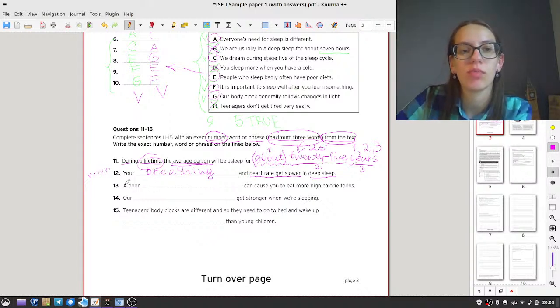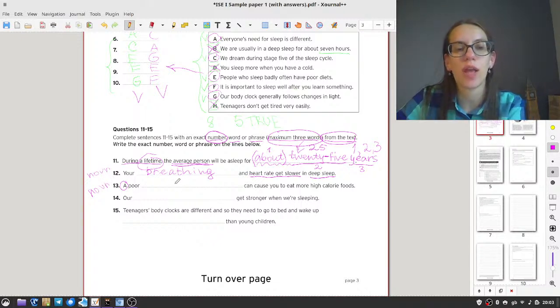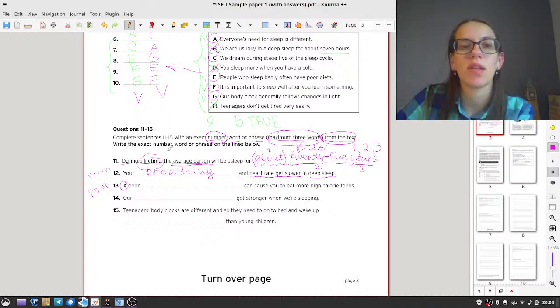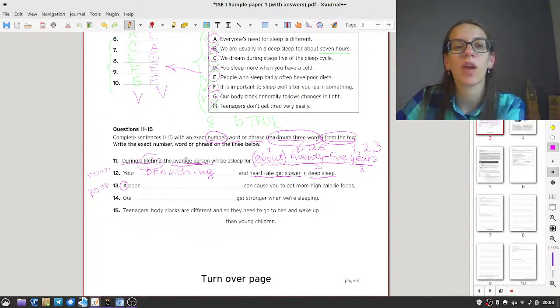No, definitely not. Yeah, A shows us that it's, again, a noun or a noun phrase, or something similar to a noun, like breathing, your breathing. Yeah, breathing, gerund, it's like a noun. Yeah, a word that's close to a noun.